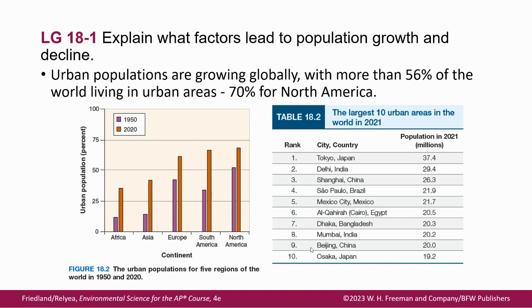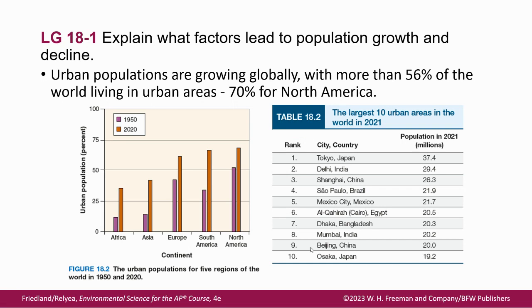One big thing they point out in the book is urban populations are growing globally, with 56% of the world living in urban areas and 70% just for North America. So why is that important? Well, that's important because things are becoming more centralized, and that means that you're probably going to have better access to healthcare if you're not out in the middle of nowhere and might not have the resources to get to town.